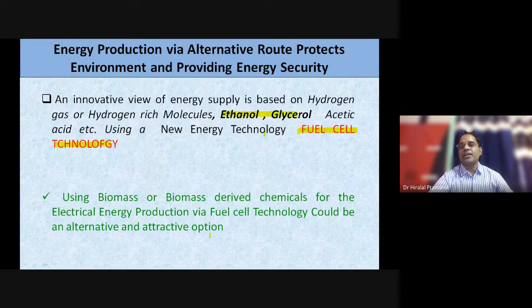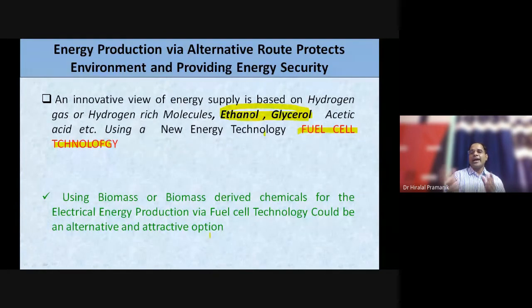Energy material, glycerol and ethanol I am talking about. Why glycerol and ethanol? There may be hydrogen, there may be other aliphatic alcohols, ethanol, isopropanol, isopropyl alcohol, ethylene glycol. But I have taken ethanol and glycerol because they are basically renewable in nature.